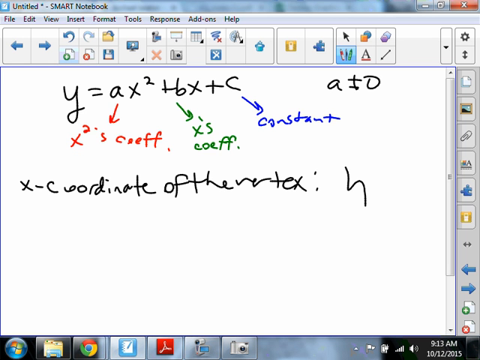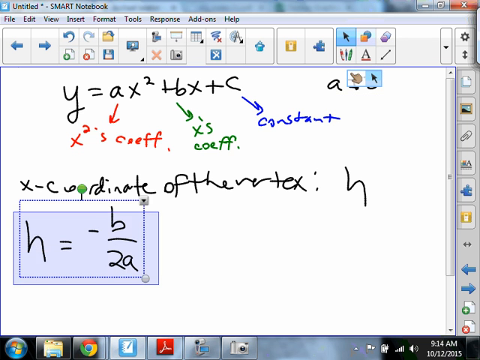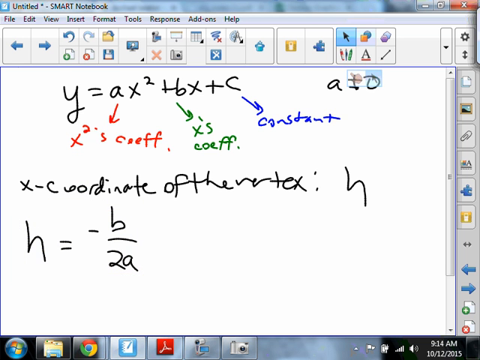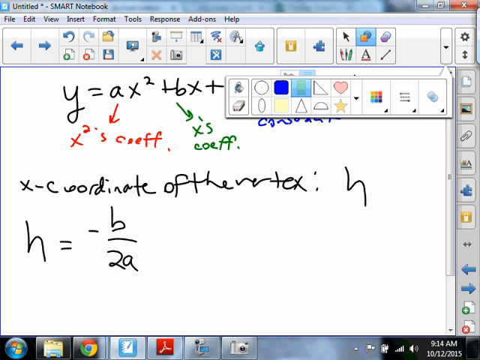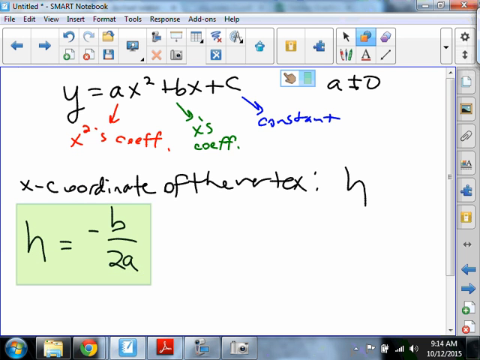So here's the formula for it. H is negative b divided by 2a. I'll go ahead and highlight that for you. H is negative b divided by 2a. You're going to be using that formula a lot tonight, a lot when you do the 4.2 Math Excel homework.